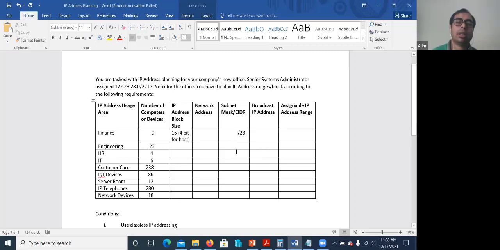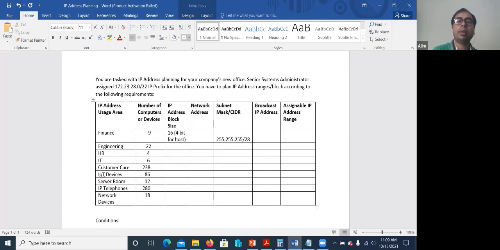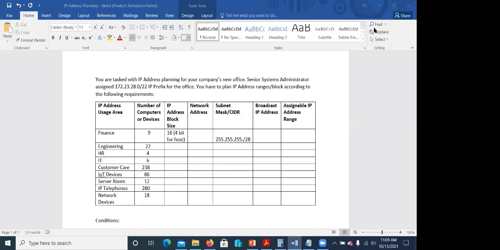What is slash 28? We can also write it in decimal format: 255.255.255 and you will complete the remaining part. I am just giving you an example. What will be slash 28 in decimal? Is it 252?